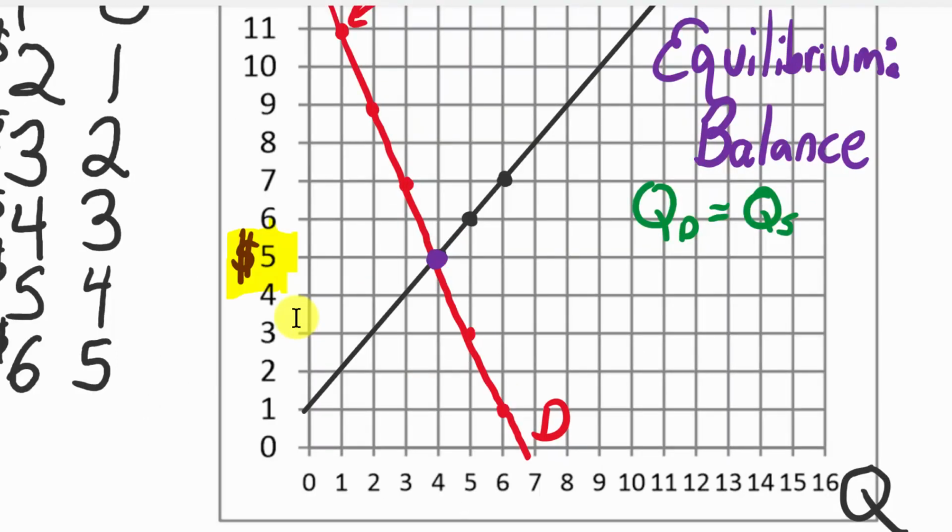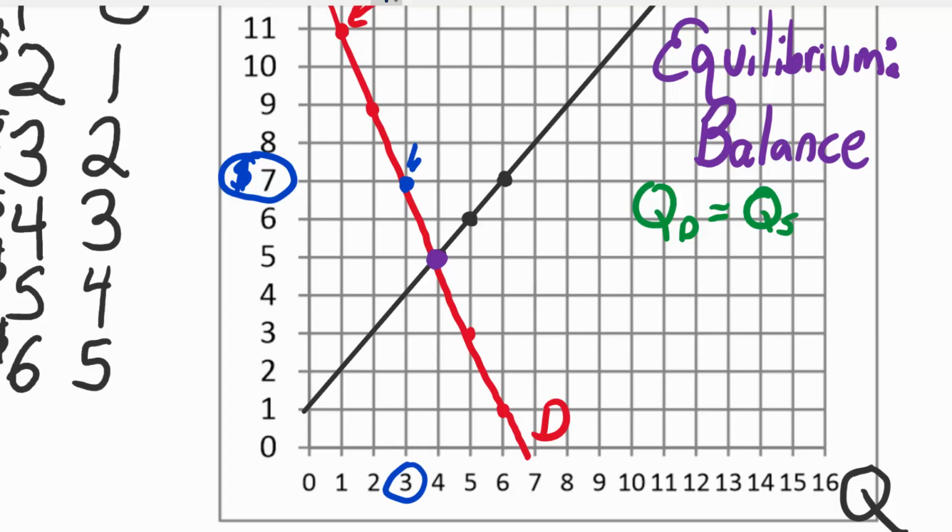So suppose we were not in equilibrium. We were not at a price of $5 and we were not at a quantity of 4 units, but let's suppose for some reason that we were at a price of $7. What would be going on at that point? What would the demanders be thinking? Well, if we look on the demand curve here, it looks like demanders would say, hey, we want to buy a quantity of 3.